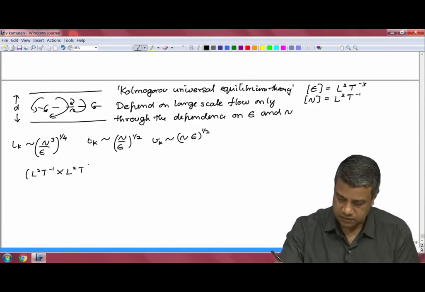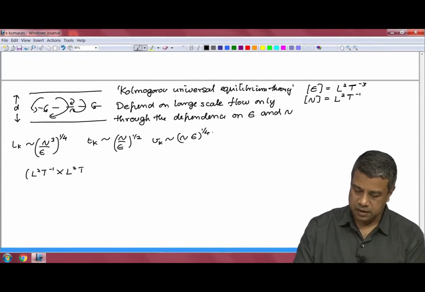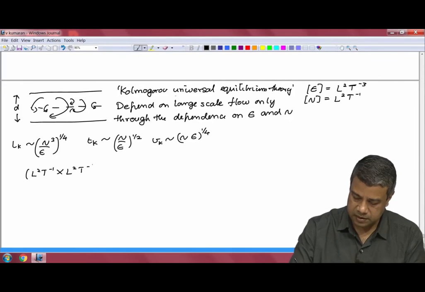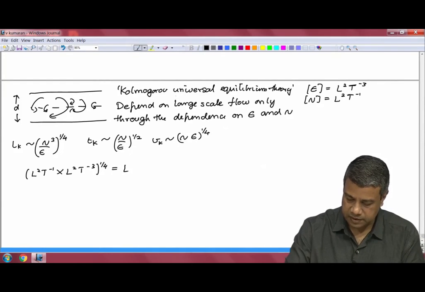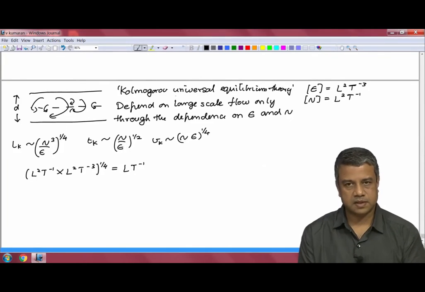I am sorry, this is 1/4, my apologies. That has dimensions of length T inverse, so that has dimensions of velocity.